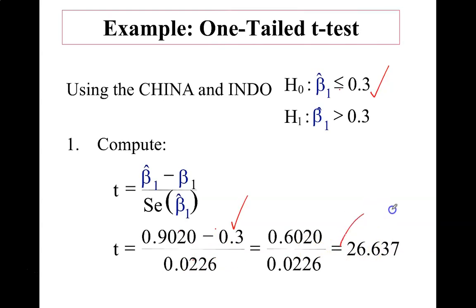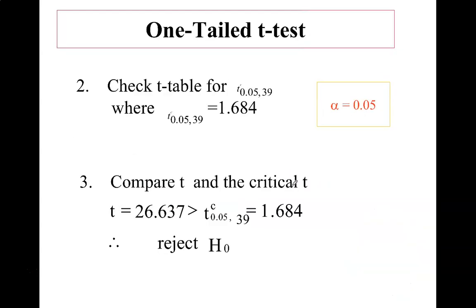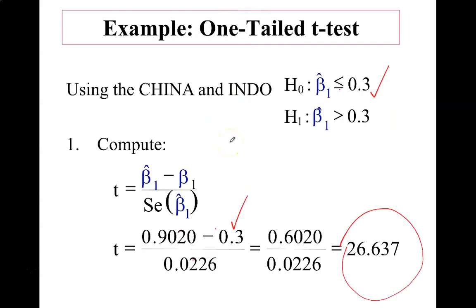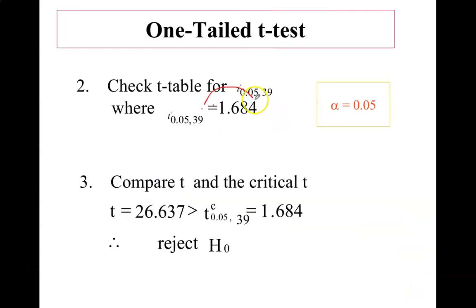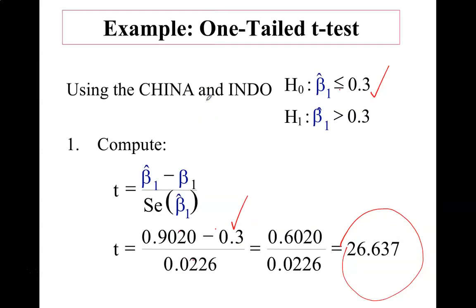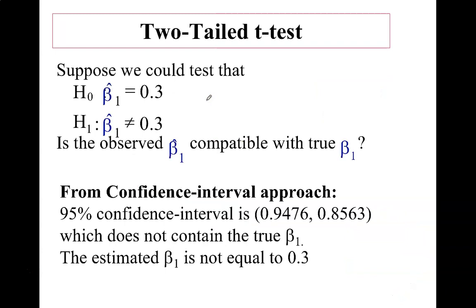You get this value, 26.637. By theory, the critical value is from the table. You compare it. We will reject the null. Rejecting the null means, in other words, that beta is larger than 0.3. Yes, it is, because it is 0.902 actually.